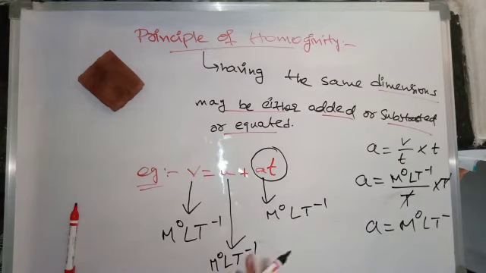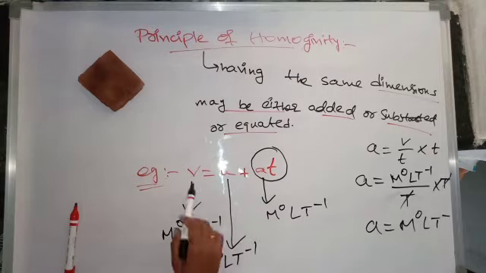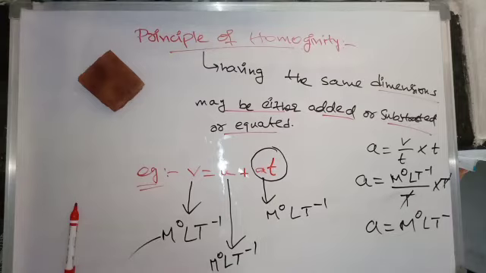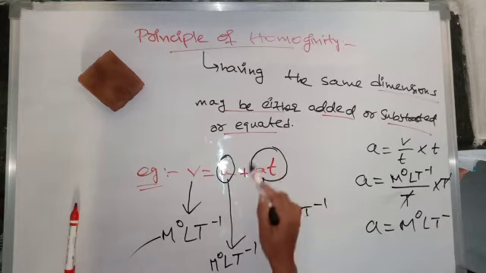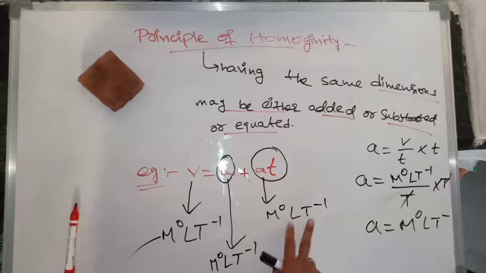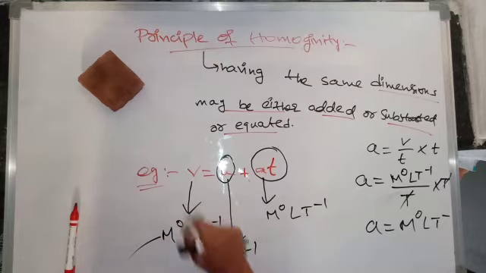Here you just look at this equation carefully. On the left hand side you have M naught L T power minus 1, and on the right hand side each physical quantity also has the same dimensional formula as velocity.